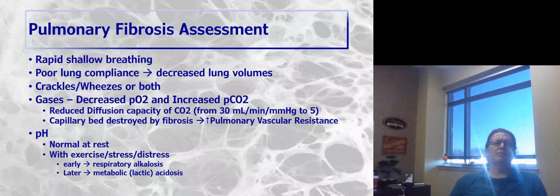So their blood gases, one of the indicators there is they will likely have a decreased PO2 and an increased PCO2. That's the one similarity they share with emphysema, simply because they can't ventilate and they have a reduced diffusion capacity of CO2. Remember us talking about gases diffusing across an alveolar capillary membrane.